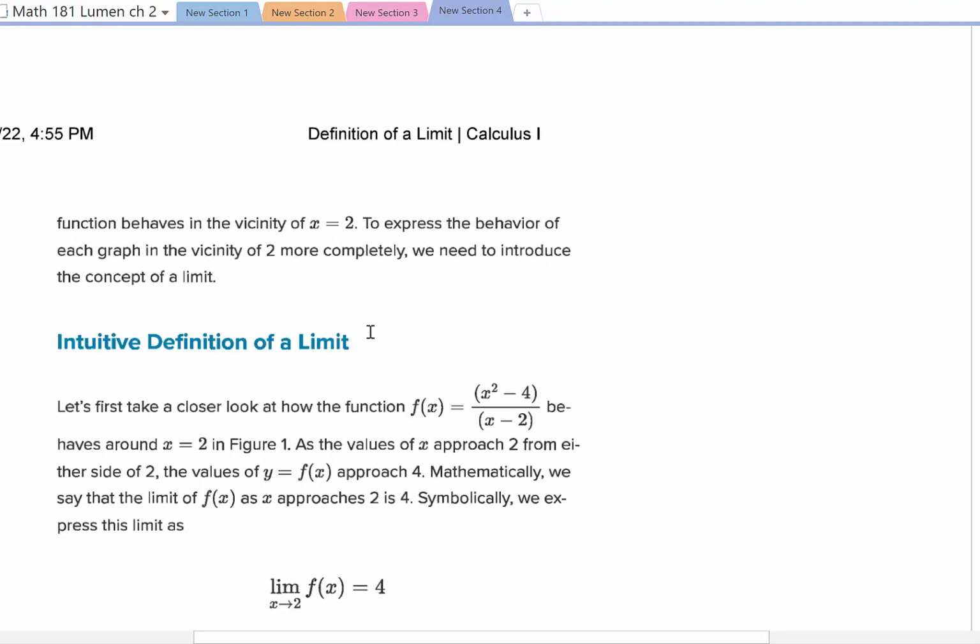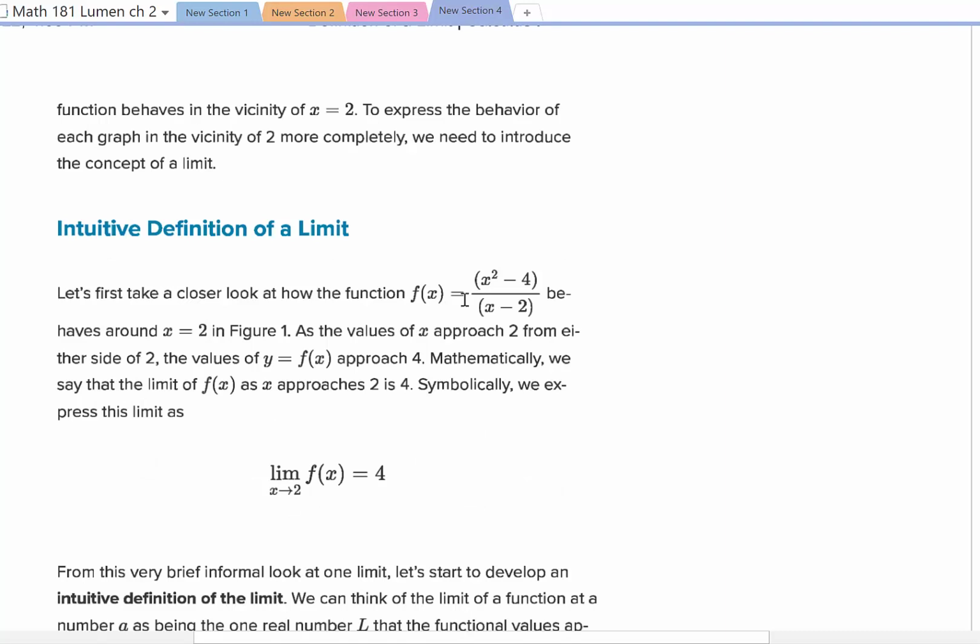So if we look at f of x equals x squared minus 4 over x minus 2, yes, we could factor that to be x minus 2 times x plus 2 over x minus 2.